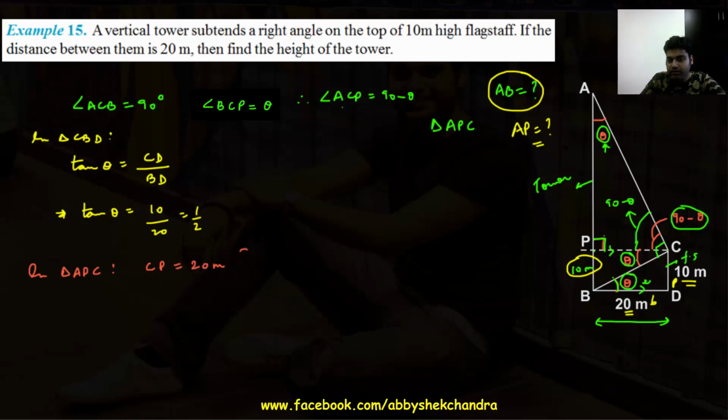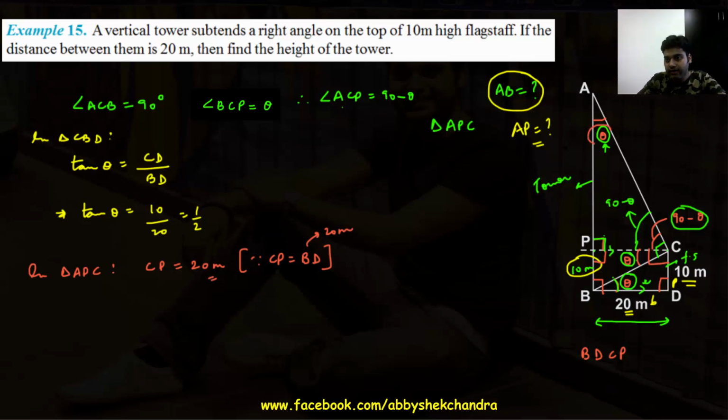Why? Because CP is equal to BD. They are opposite sides of the rectangle BDCP. BDCP is a rectangle, so BD will be equal to CP. Since BD is given as 20 meters, CP will also be 20 meters.